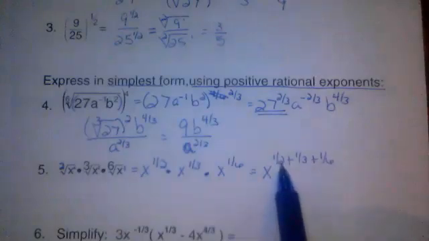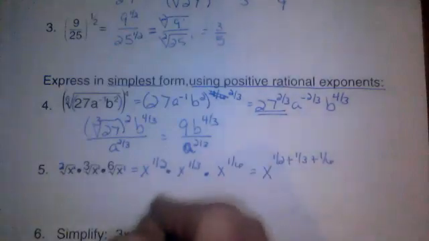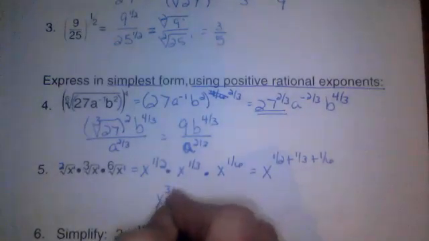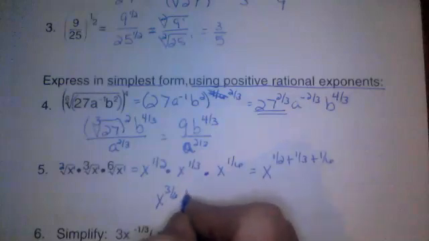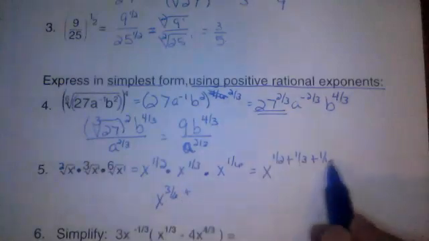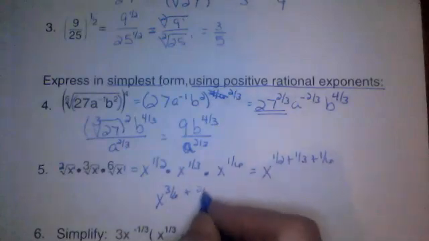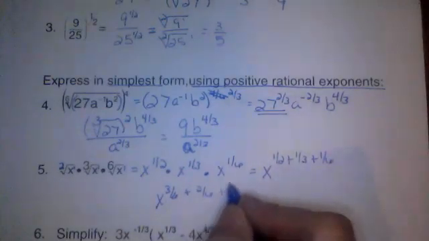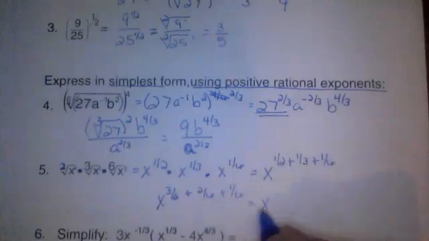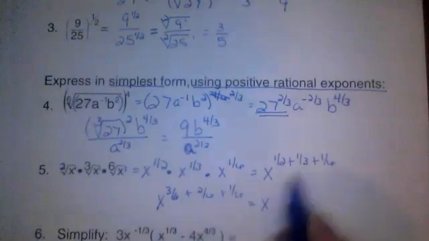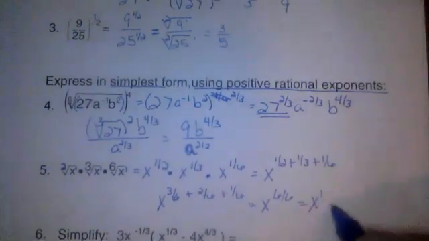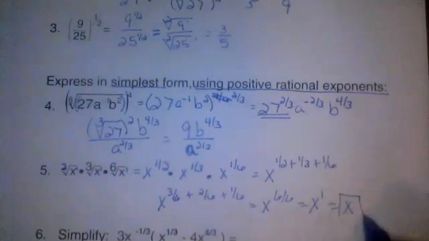To change this to 6, I multiply by 3, so this is 3/6. So x to the 3/6 power. And then this one would be 2 multiplied by 2, so 2/6 plus 1/6. So 3/6 plus 2/6 plus 1/6. 5 plus 1 is 6/6, or just x to the first power, which is just x.